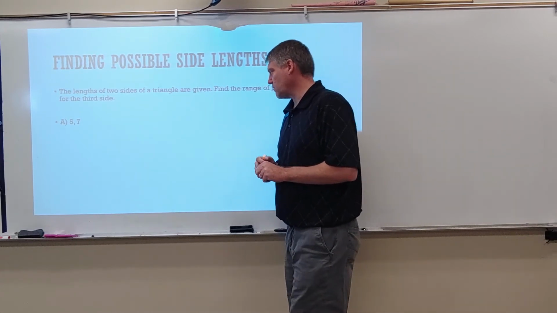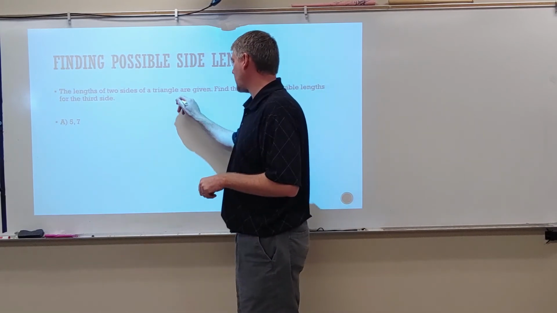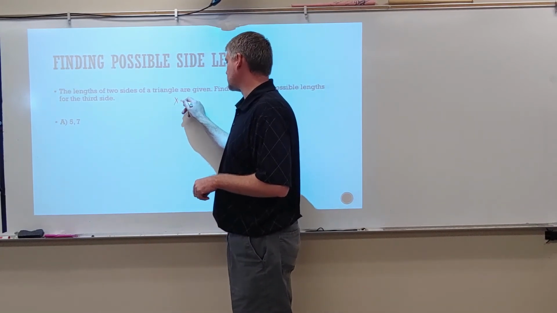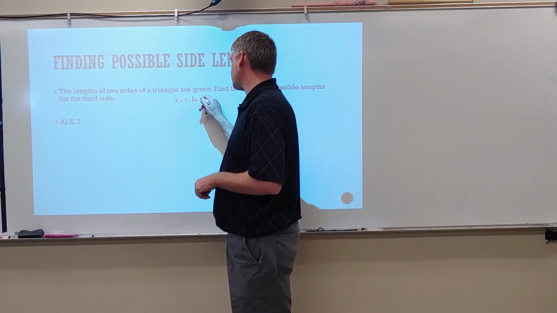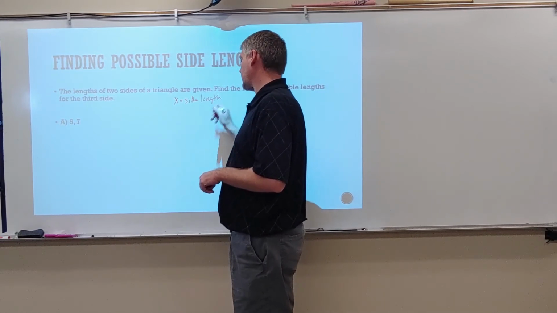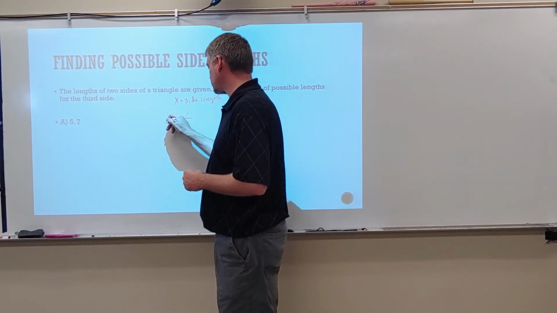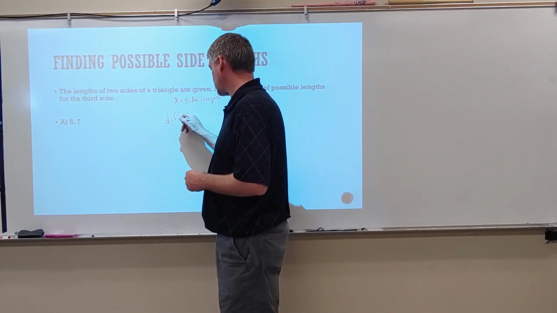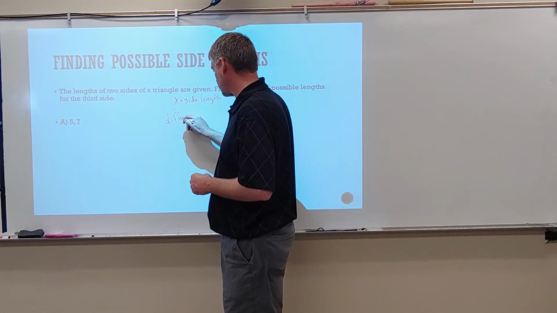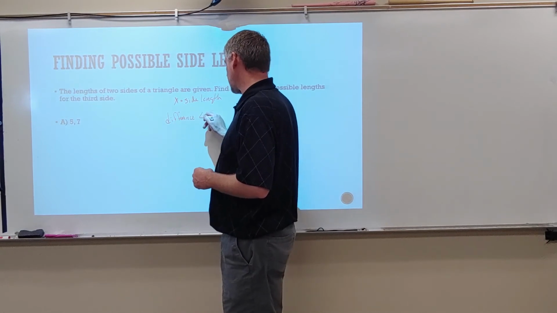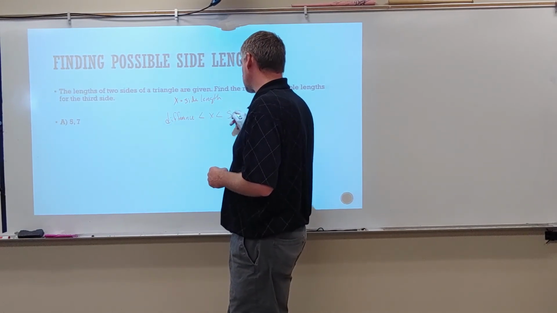So the way we're going to do that is we're going to call x the side length. The way that we find the length is the difference is less than x is less than the sum.